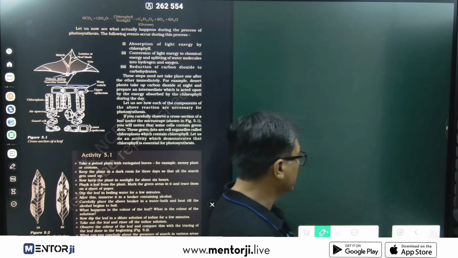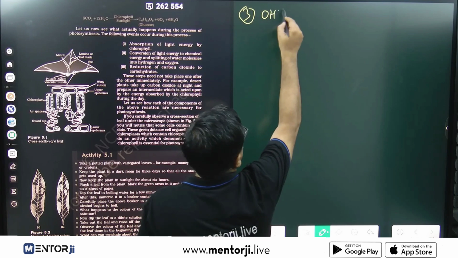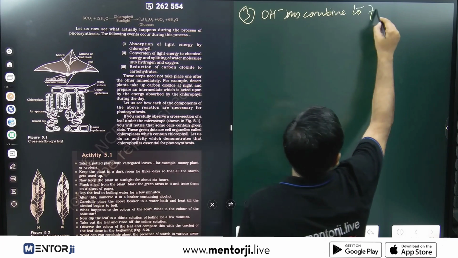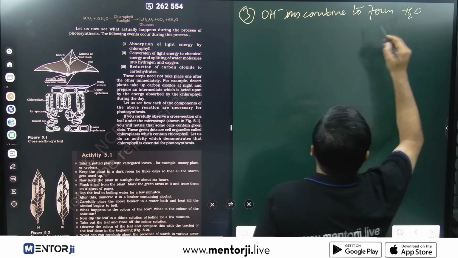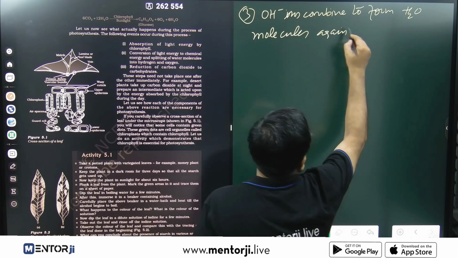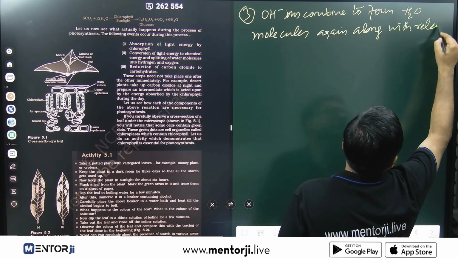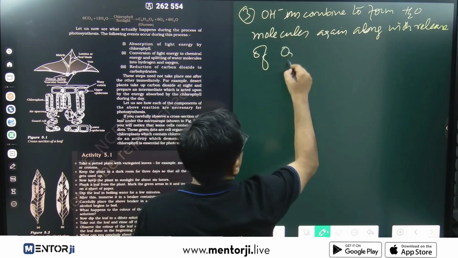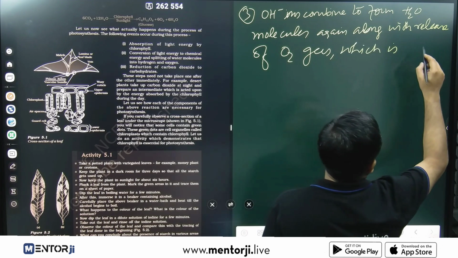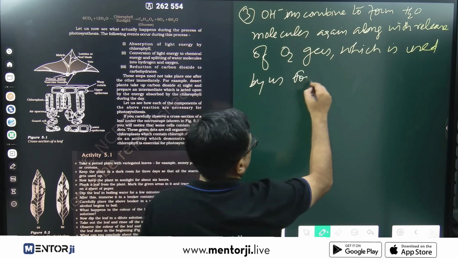Let's discuss the next. This third step is these OH negative ions combine to form water molecules again, along with release of oxygen gas, which is used by us for respiration.